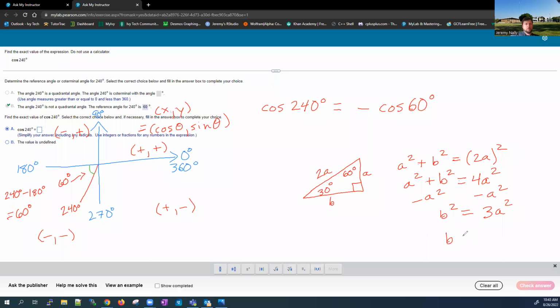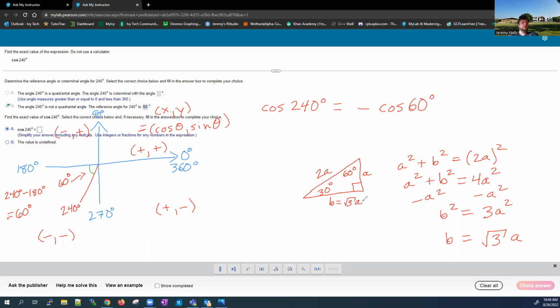Take the square root of both sides, and then I have the square root of 3 times A, right? Since the square root of A squared is A. And since all lengths should be positive, I don't have to worry about a negative root, if you were wondering.